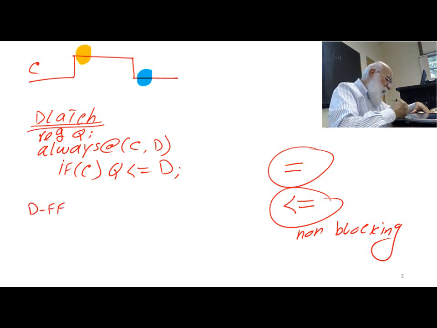Okay, and so how about the D flip-flop? A D flip-flop again has a Q output.